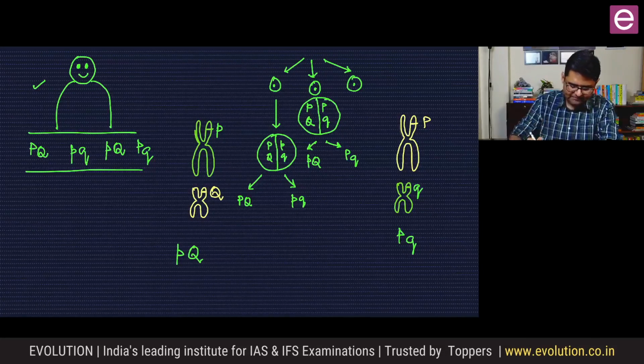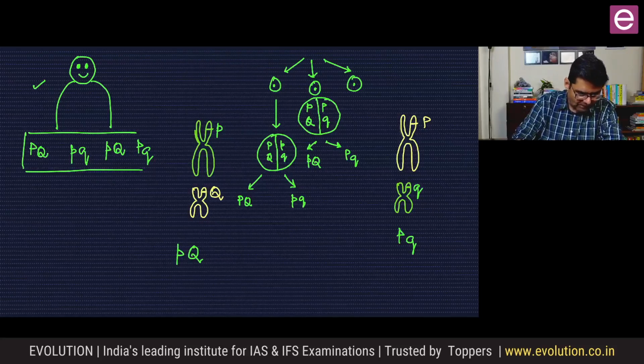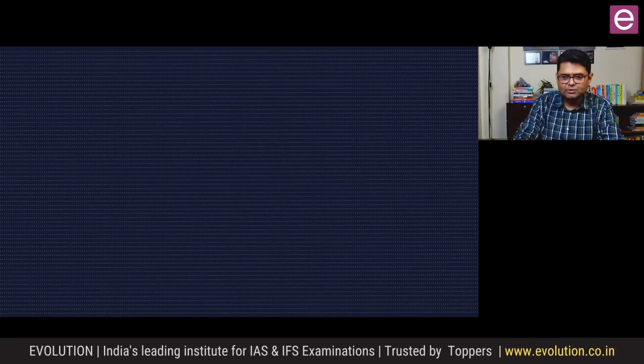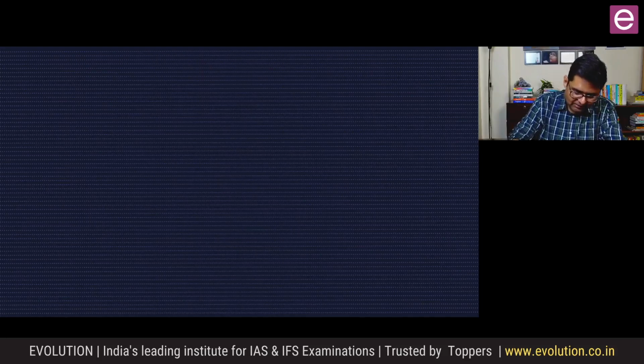Now let us see that if all the four types of gametes are getting produced, just see how you get the 9:3:3:1 ratio. Even if it is repetition from the Mendelian genetics, why not we be very clear about it.